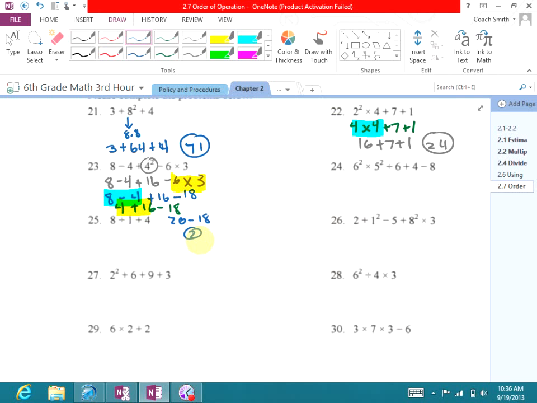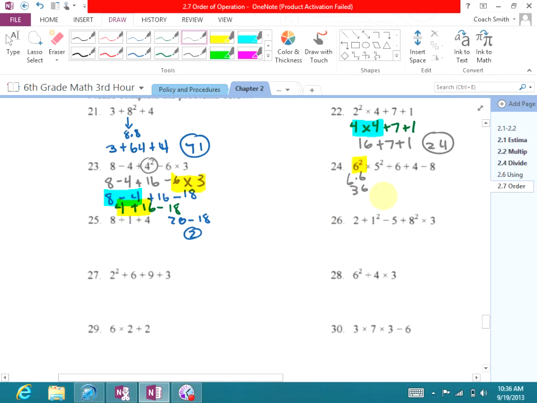Let's look at 24. 24 says 6 squared times 5 squared divided by 6 plus 4 minus 8. Okay? So, what do I do first? Celine. Right. 6 to the second power, so that is 6 times 6, which is 36.